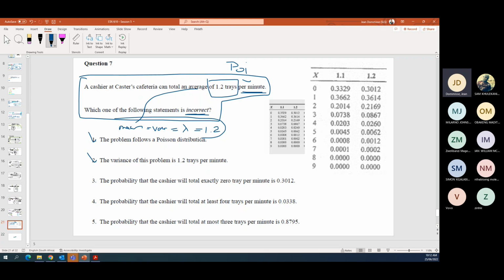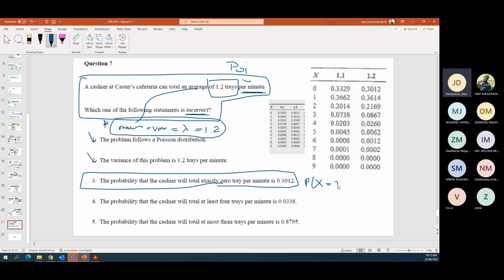So that is part of the definition. Sorted. Okay, so let's look at the third question. The probability that the cashier would total exactly 0 trays per minute. Exactly 0. So what's the probability that X is exactly 0?